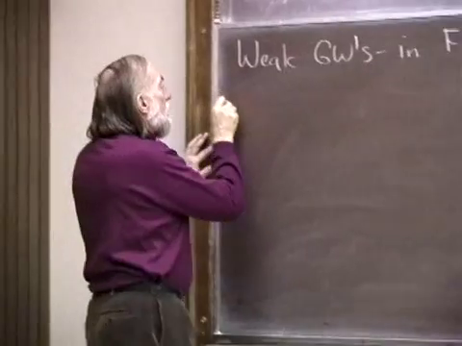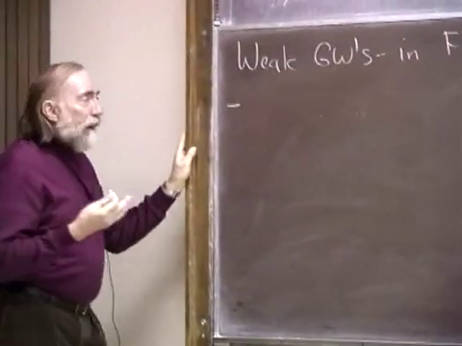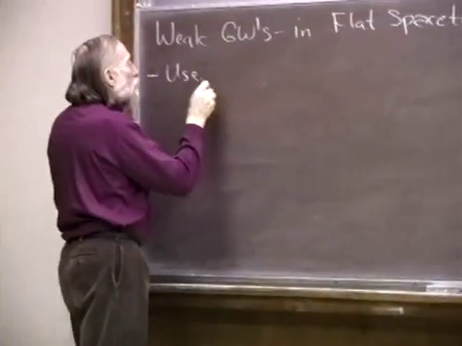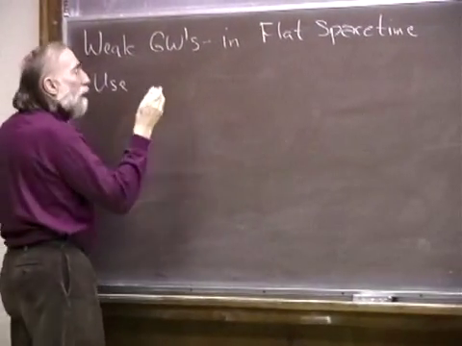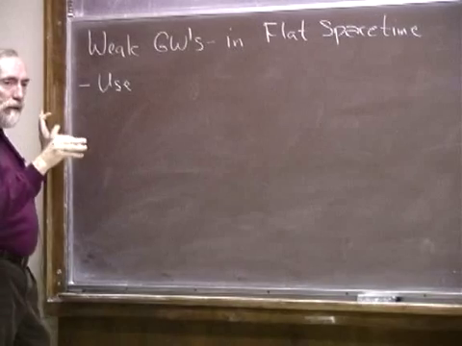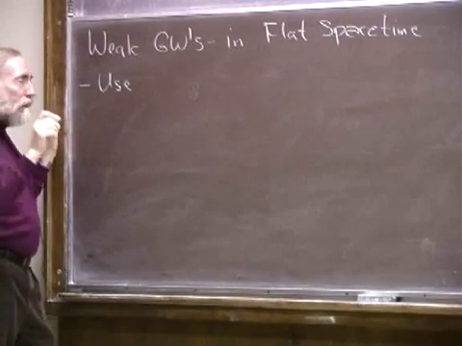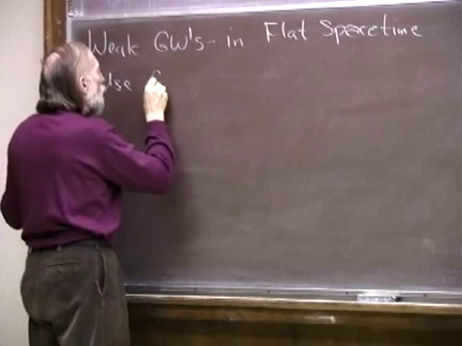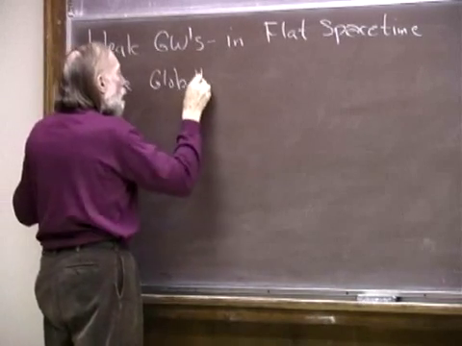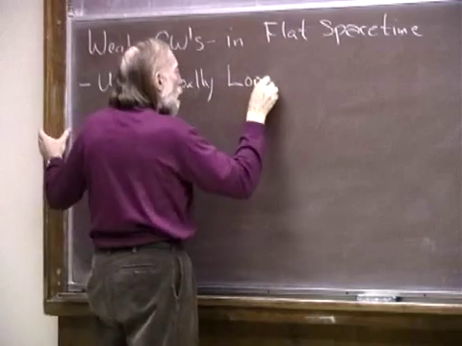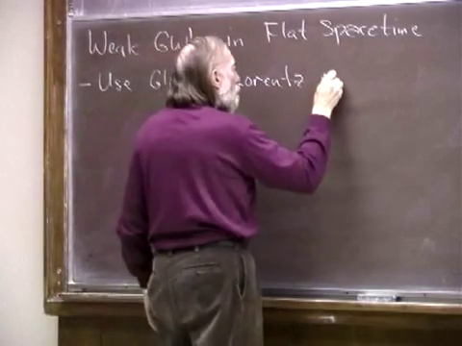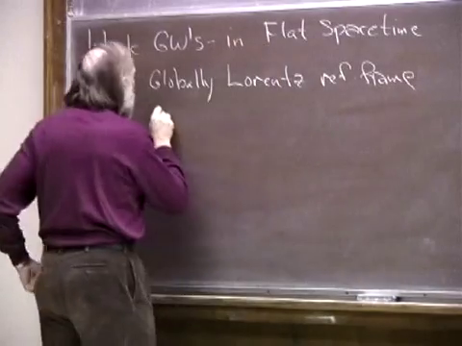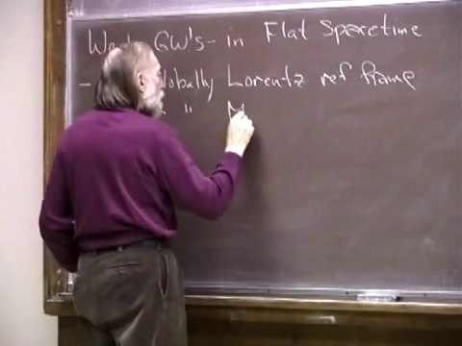And in order to make the mathematical treatment easy, I will use a reference frame or coordinate system that, aside from the gravitational wave itself, if you were to ignore this very weak gravitational wave, is globally Lorentz. Or in other words, globally Minkowski coordinates.